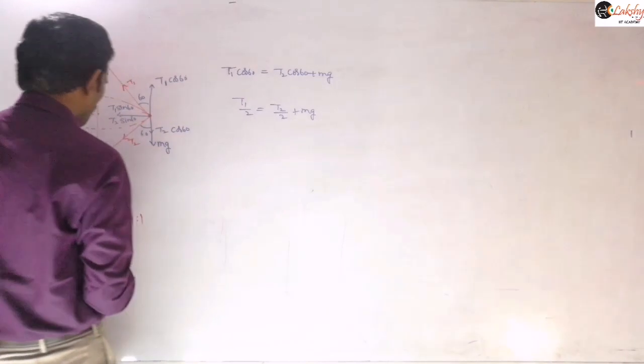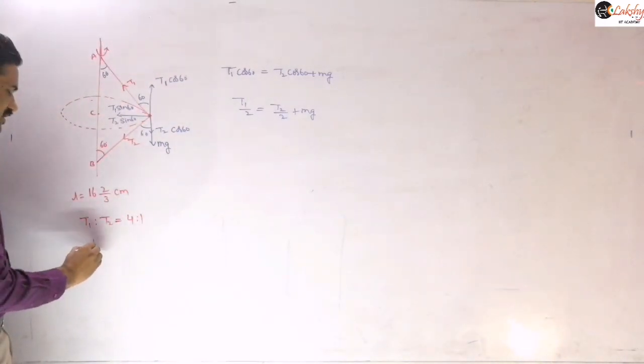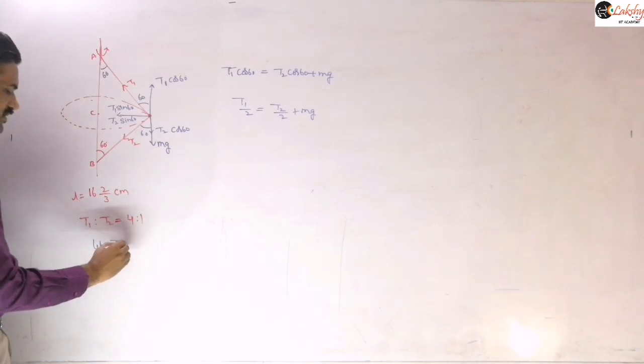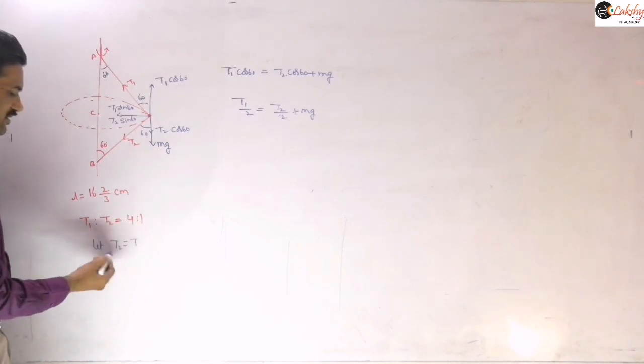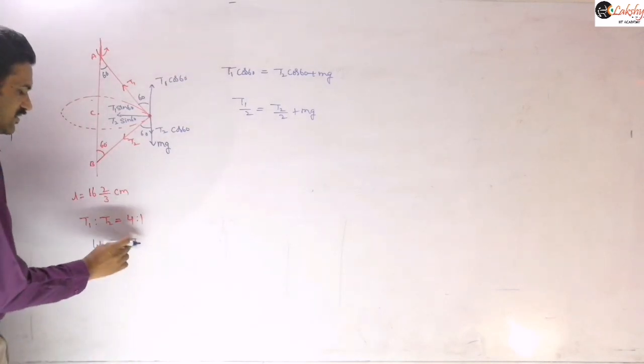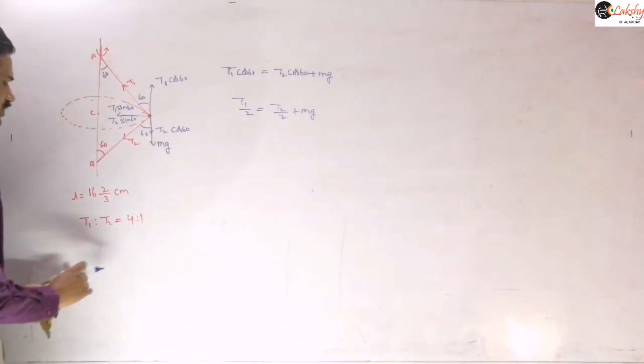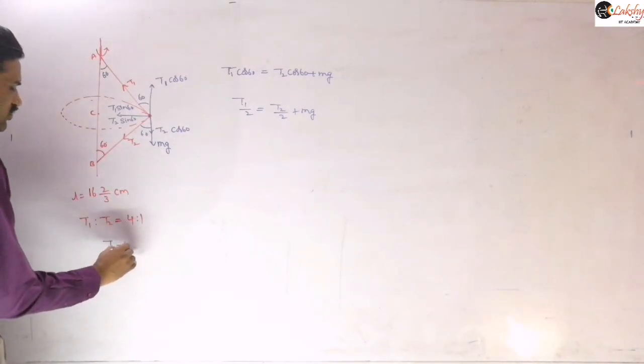Next, the ratio of T1 and T2 is given, so you can substitute directly: T1 is equal to 4 T2.